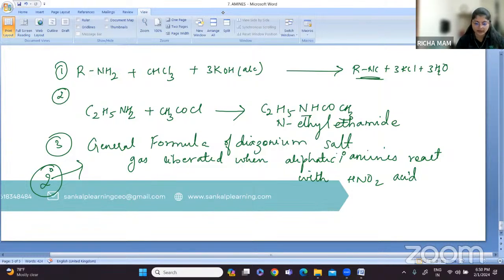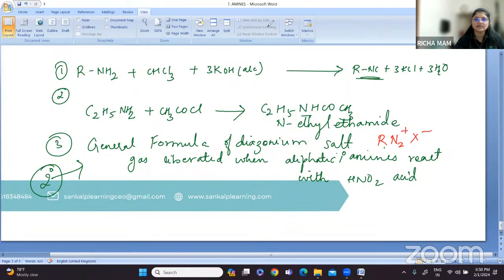This is a 2-mark question. What is the general formula of diazonium salt? I can write it as R N2 plus X minus.